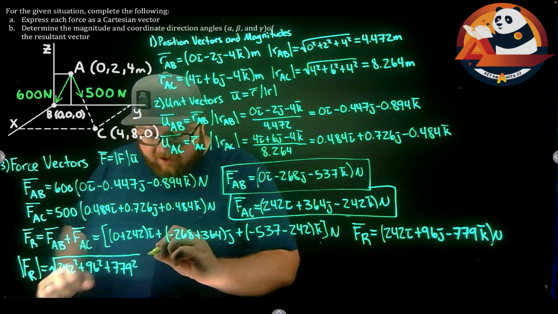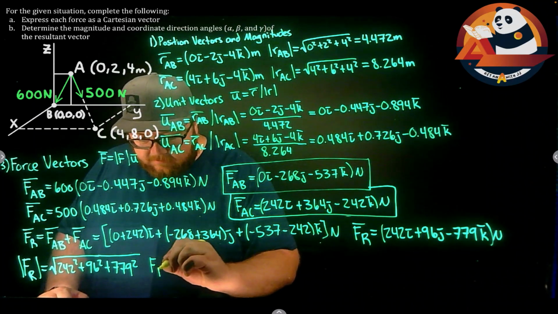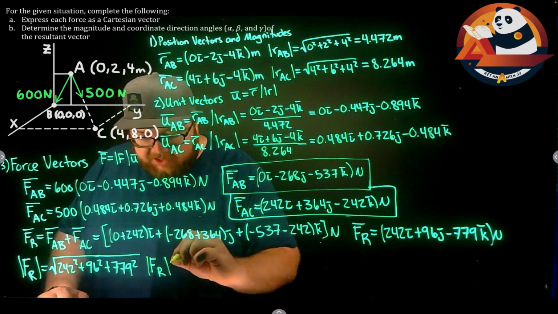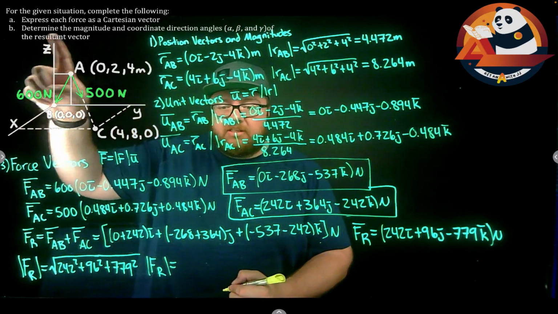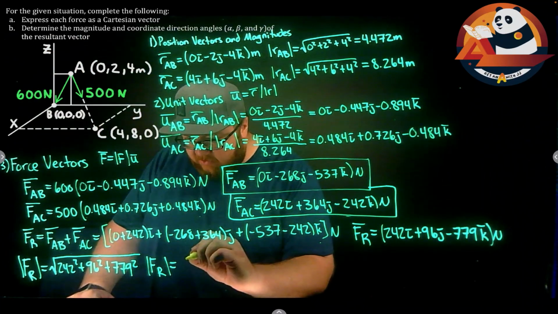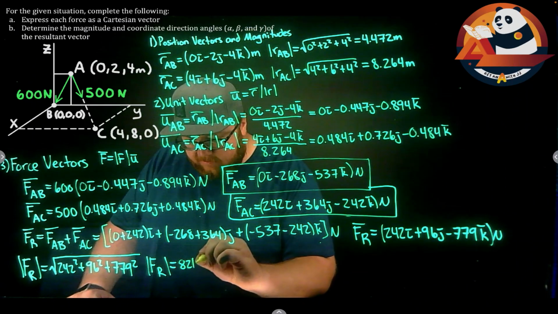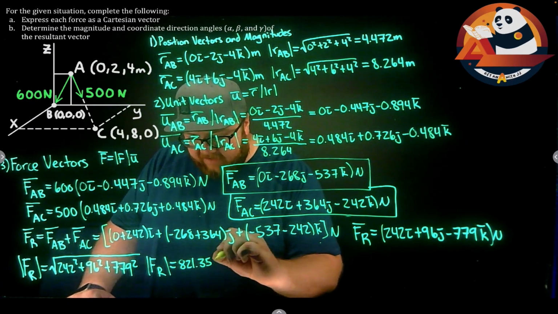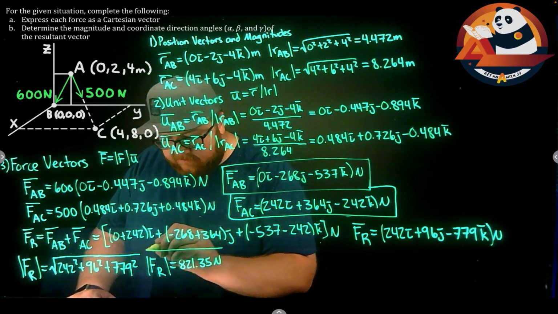Or my FR, the magnitude here, which is one of the things asked. What's the magnitude of the resultant vector? It works out to be 821.35 newtons.